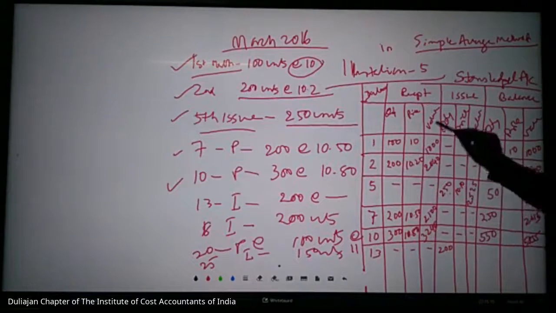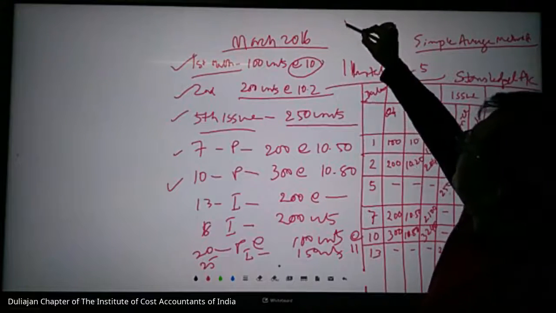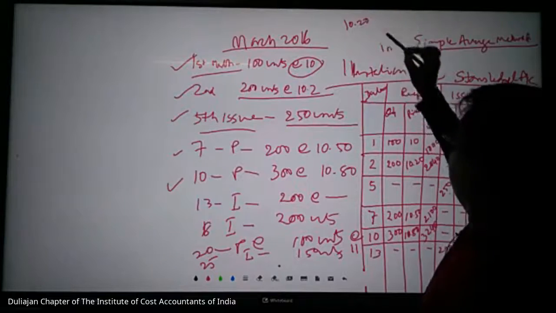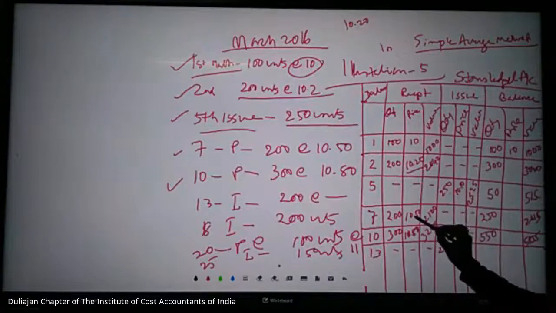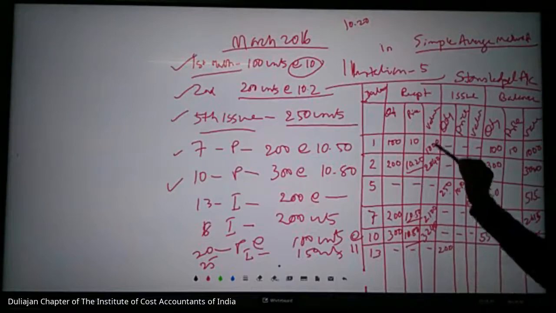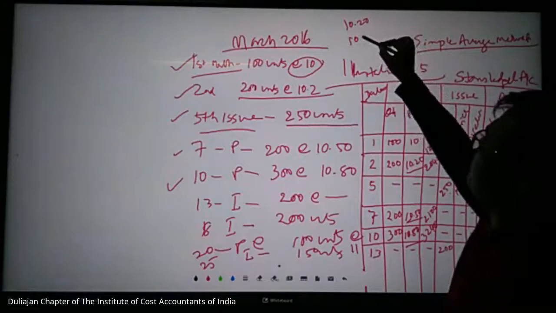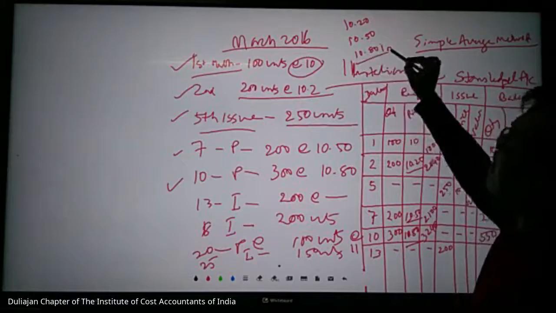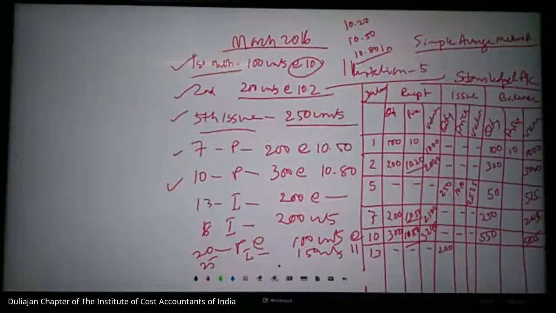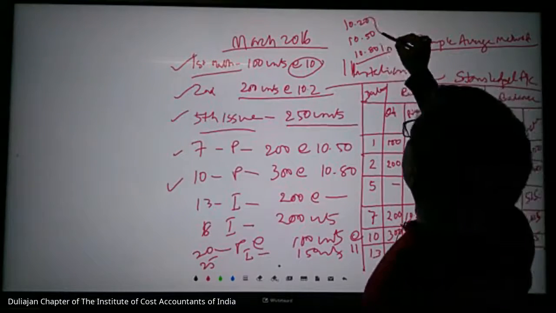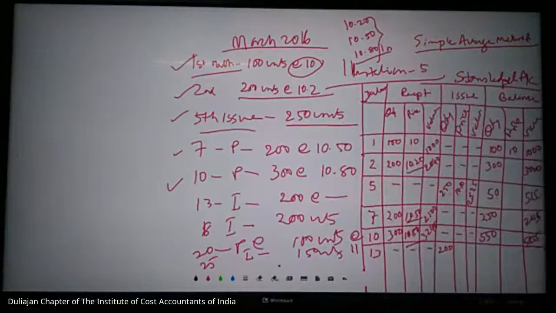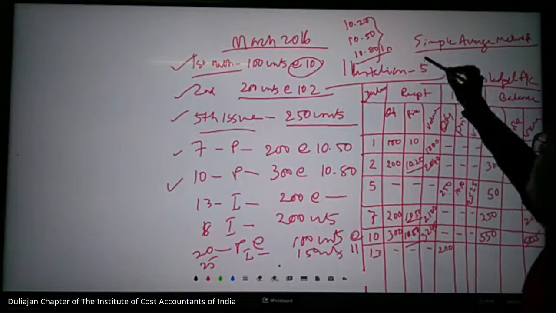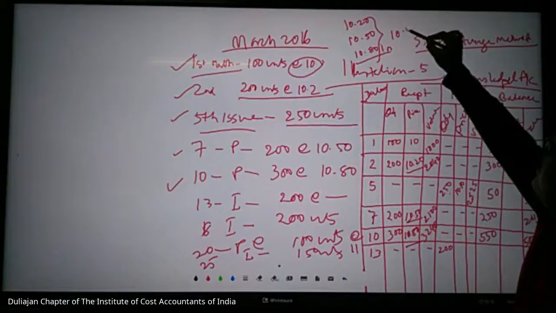So my available price is 10 rupees 20 paisa. This is one price, this is second, this is third. So 10 rupee 20 plus 10 rupee 50 plus 10 rupee 80. These three prices I add and make the average: 10.20, 10.50, 10.80 divided by 3 becomes 10 rupee 50 paisa.